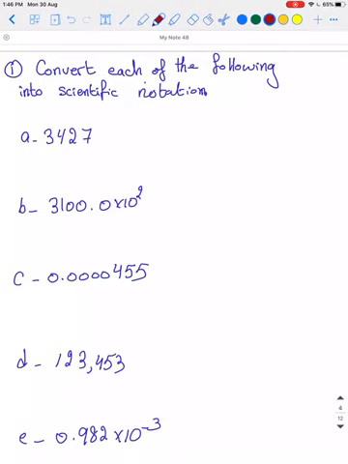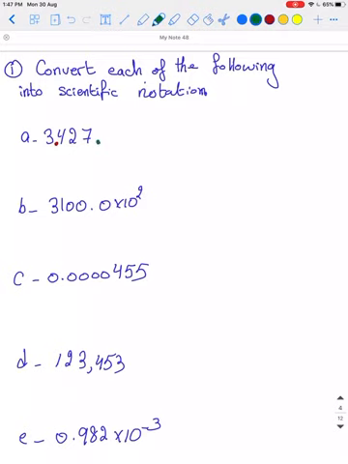Convert each of the following into scientific notation, which is a number between 1 and 10 multiplied by a power of 10. Okay, we have here 3,427. I wanted a number between 1 and 10, so the decimal should be here. But the original decimal is here.